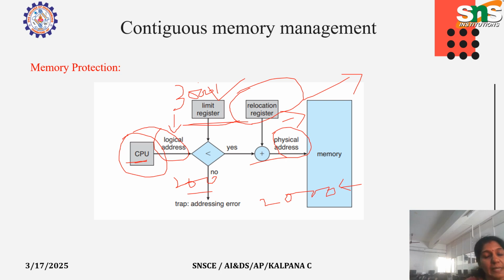Just be careful while calculating the physical address. It is the sum of the logical address plus the base address. Logical address plus the base address gives your physical address. So totally you will get 2200. So in your main memory at 2200, this process is going to get executed.